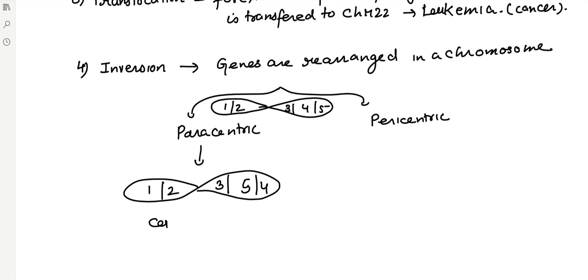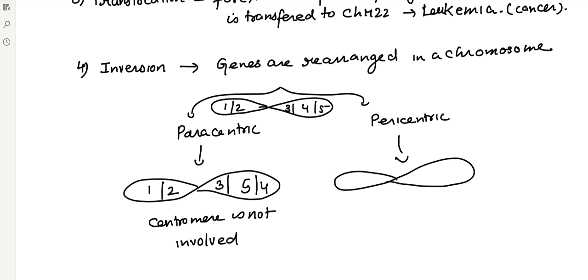So here the centromere is not involved. So if this is the condition, we call it paracentric. In pericentric, what happens? For example, something like this. You have 1, 3, 2, 4 and 5. Your centromere is involved in the rearrangement. So that is called pericentric inversion.